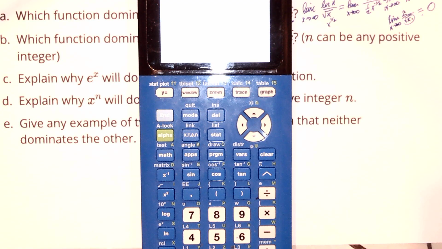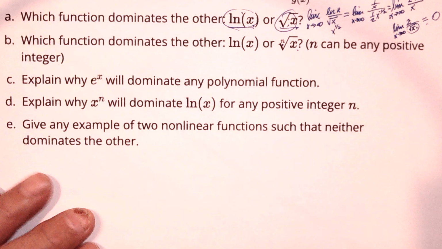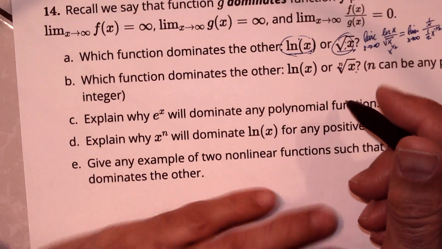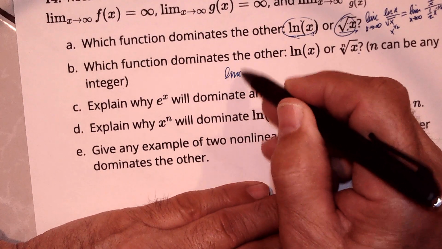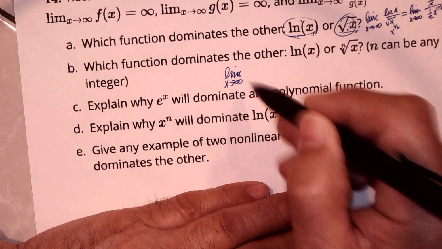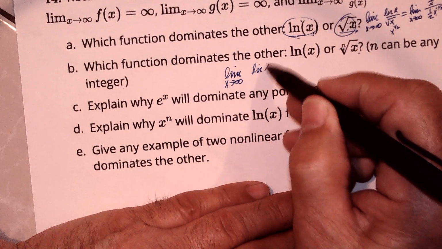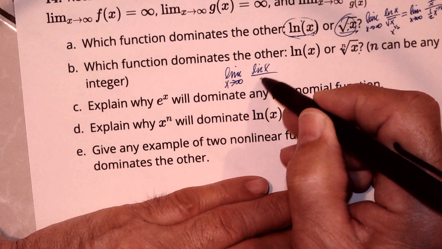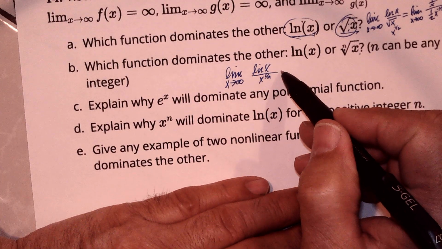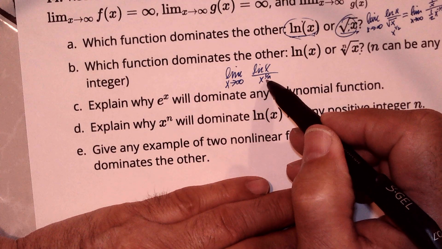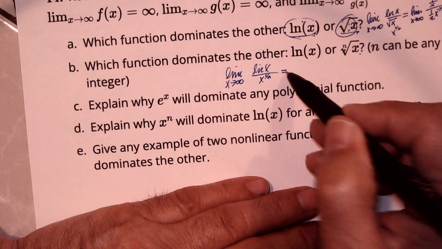There's the ln. And that one doesn't look like it's going to dominate. But we can check it. So we're doing now the limit as x goes to infinity of ln x over x to the 1 over n. And these both keep growing, so we're going to have to do L'Hopital's rule.